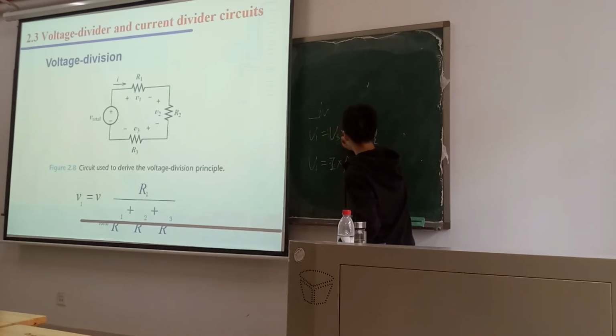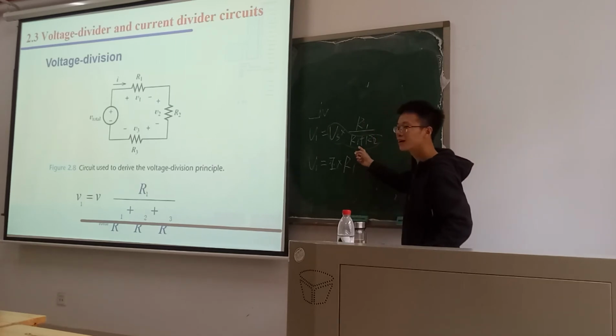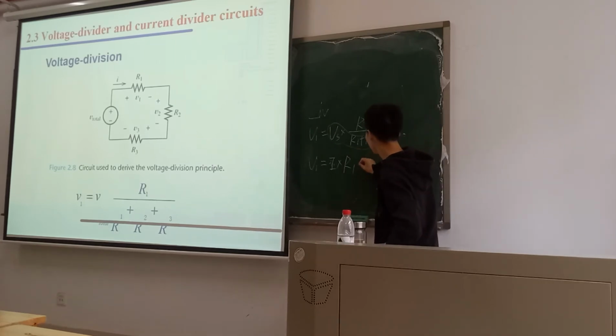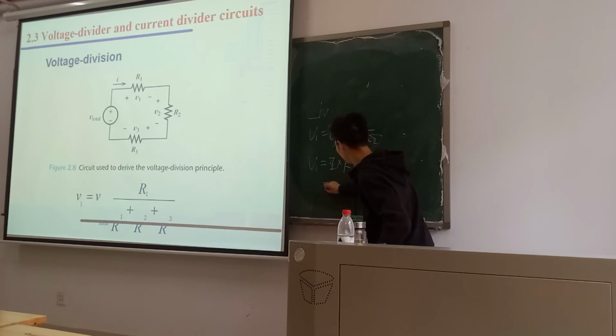And this part is the current, because I is equal to Vs over R1 plus R2.